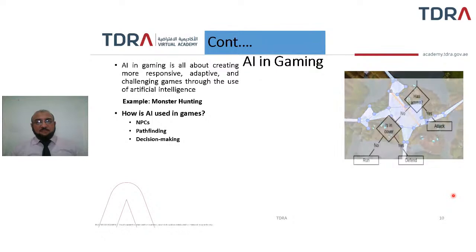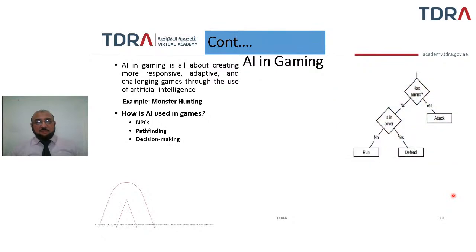Then decision making. For example, it's a war game and the player has ammunition. Then it will decide, as you can see over here, if the player has ammunition, it will attack. If it doesn't have, it will see if there is cover, and then it will defend.